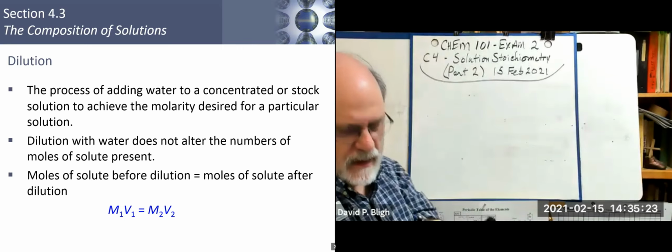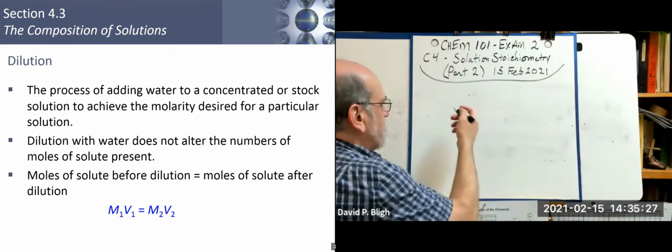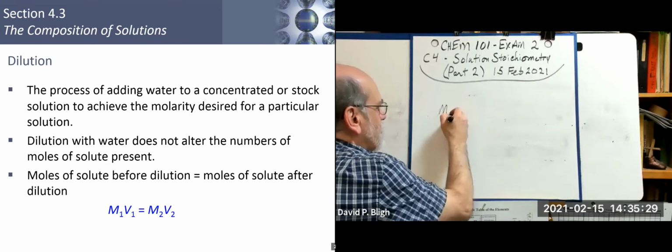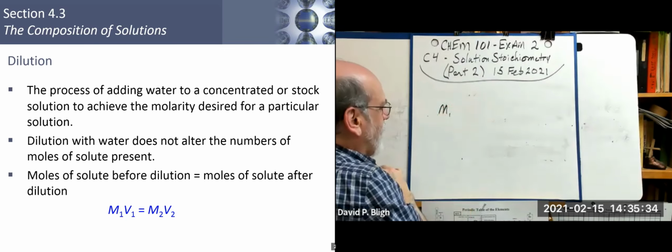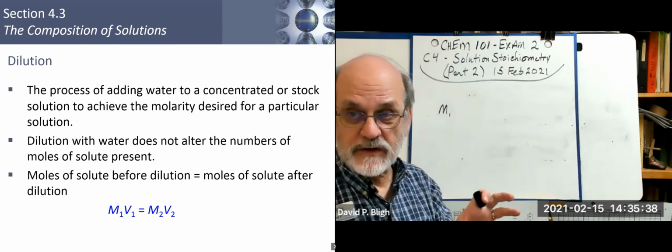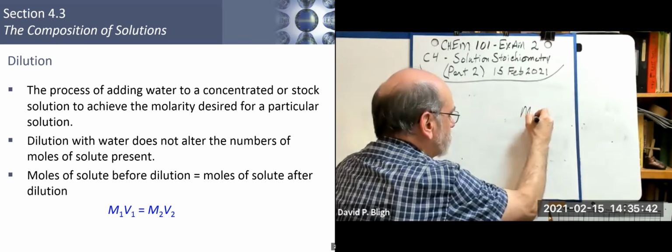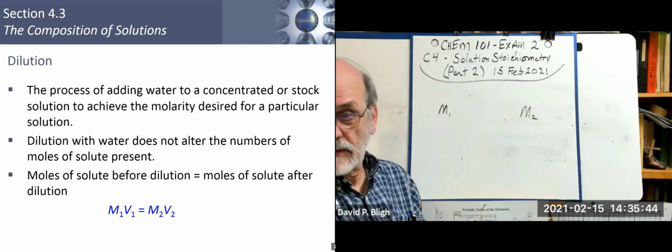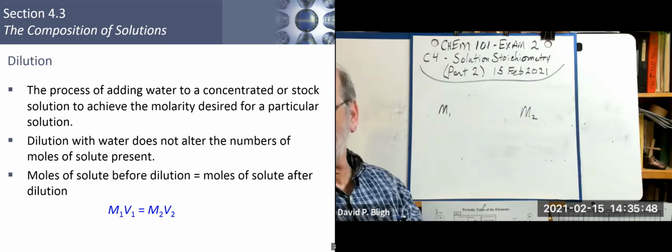So now we have a solution with a concentration of M1. And we want to produce a solution that's a different concentration, M2. So this is the more concentrated and that's the more dilute. Maybe I better change the subscripts.